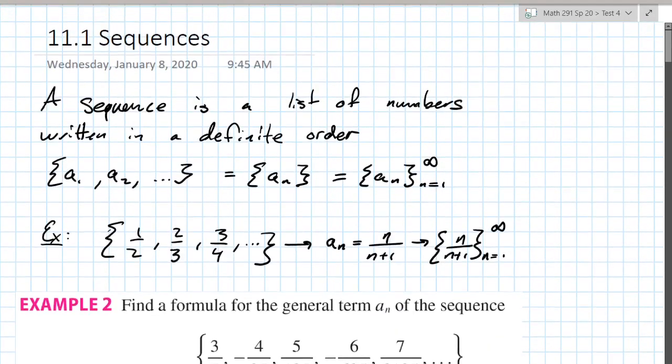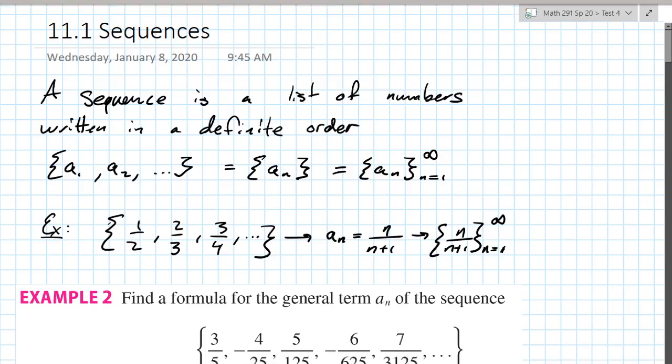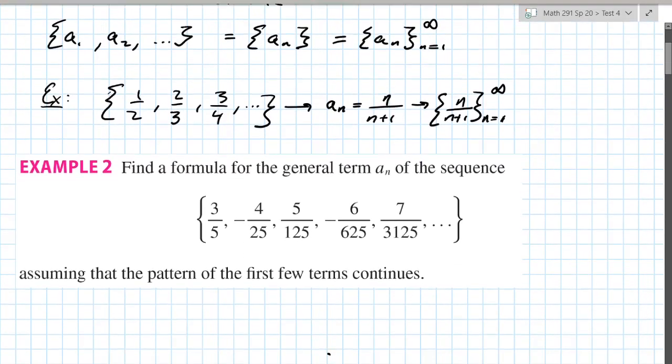And so what we have is n over n plus 1 with a starting value of 1. So if n is 1 here, 1 over 1 plus 1, that's 1/2. And n is 2, 2 over 2 plus 1, that's 2/3, and so on. That works.